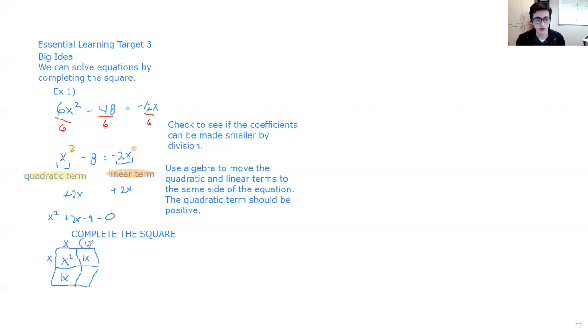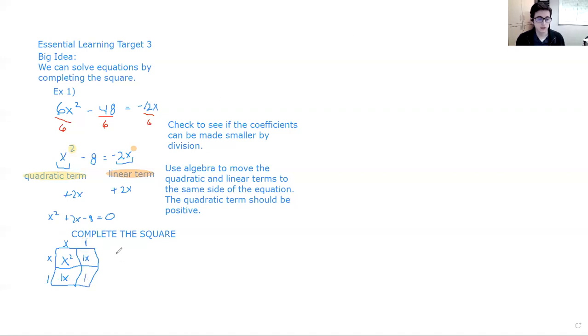So now we have 1 times x, and that gives us 1x. We're going to repeat the process here. We already have an x, so we need something here, and that's going to be a 1. So x times 1 equals 1x. And that lets us figure out what goes here. This is going to be 1 times 1, which is 1.